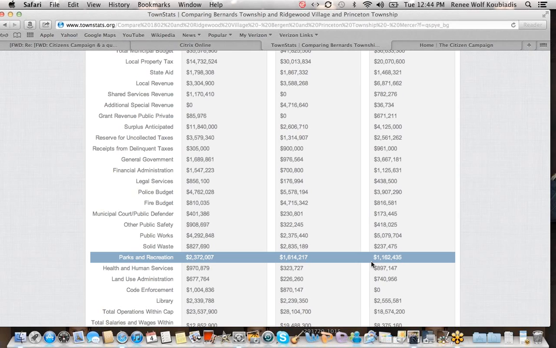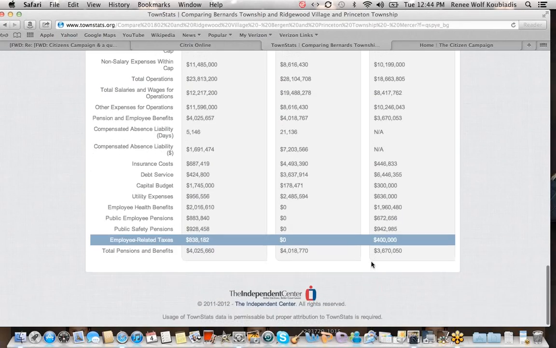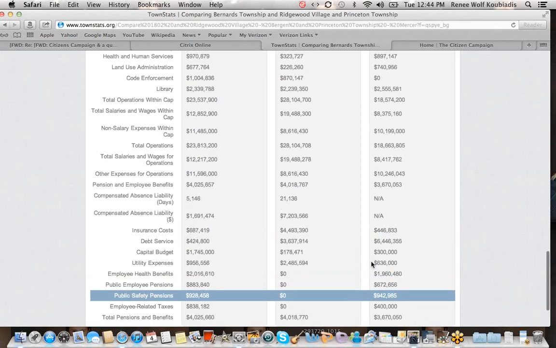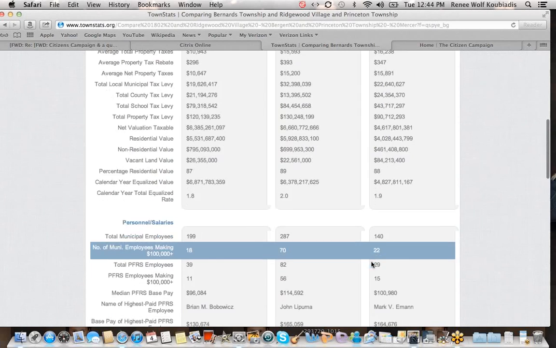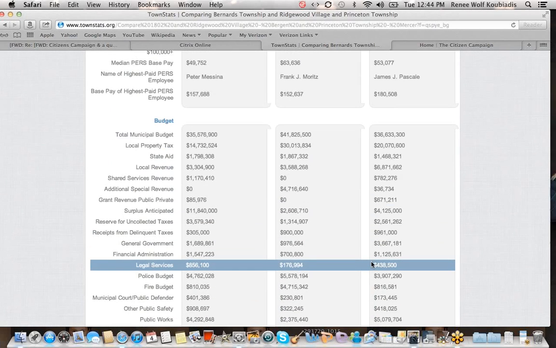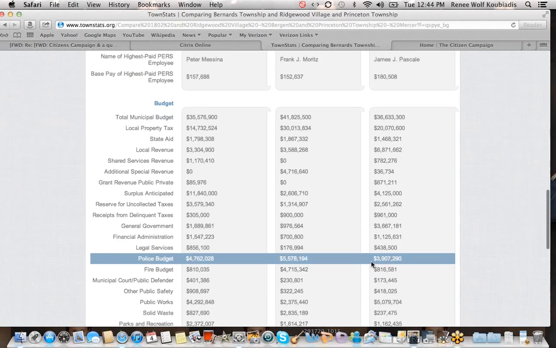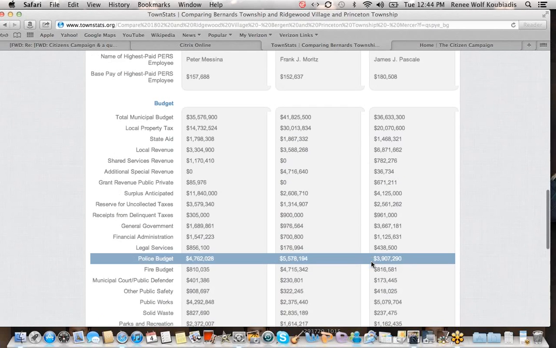So it enables you to compare spending within your own municipality versus other municipalities. This, I think, is a tremendous advantage of Town Stats, and the most important thing is that we have compiled various spending in the 60-page budgets that are reported to the state into various budget categories for comparison.